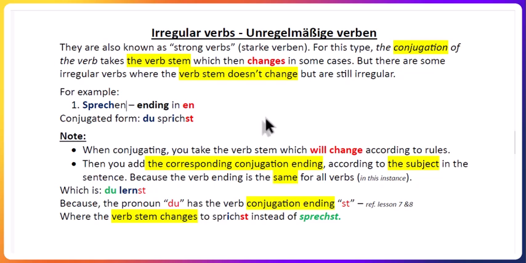This boy will fall under the third person, which is er, sie, es: he, she, it.